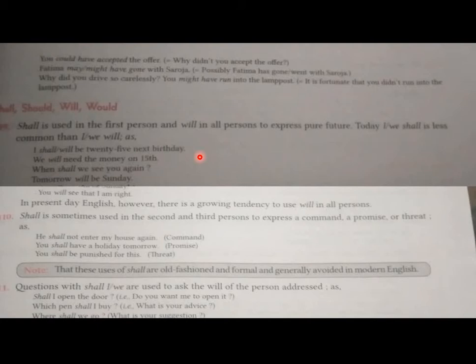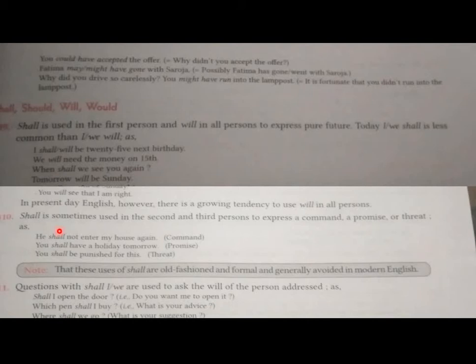I shall be 25 next birthday. We will need the money on 15th. When shall we see you again? Tomorrow will be Sunday. You will see that I am right.